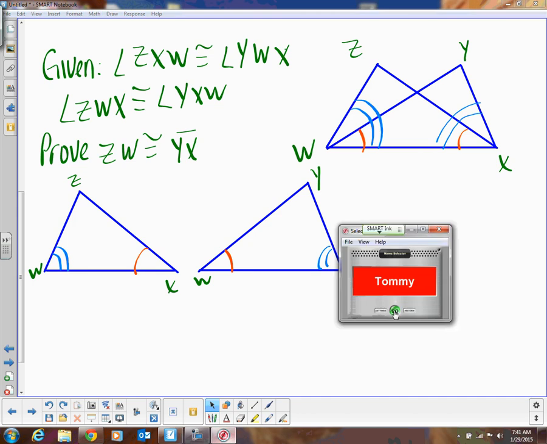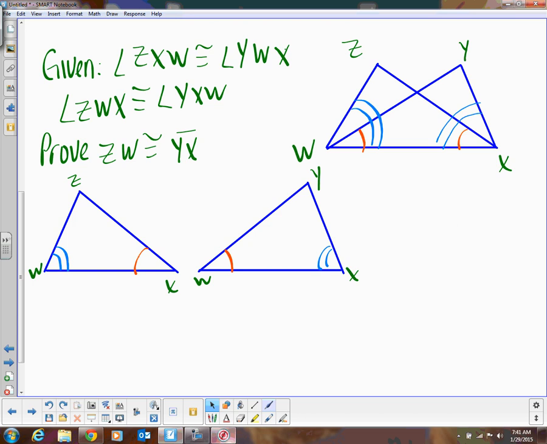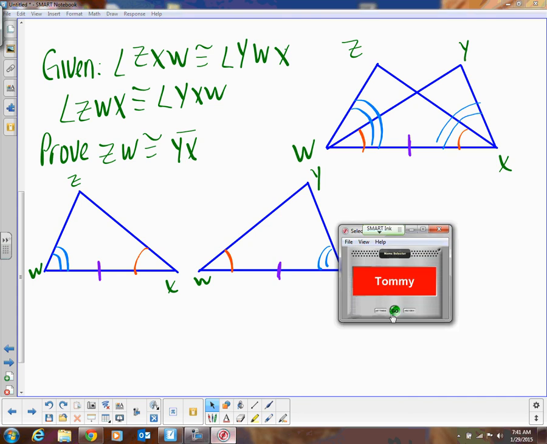All right. You all identified a side about 2 minutes ago. Tell me what side was that? WX is indeed congruent to WX. So if this is too complicated to see, I have separated them. I would put this picture and those pictures on your paper so you can see the reflexive. As we start to work with this proof, what is the combo, Kayla?